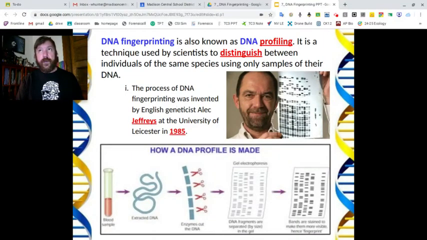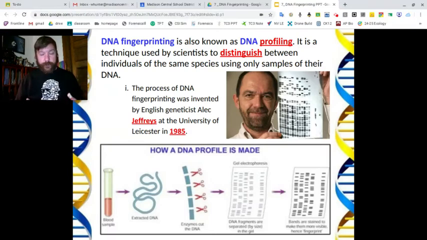DNA fingerprinting, also known as DNA profiling, which is a better term for it, is used to take samples from a crime scene and differentiate between them. The process was invented by an English scientist named Alec Jeffreys in 1985. Initially, it was fingerprinting and only using a few markers.